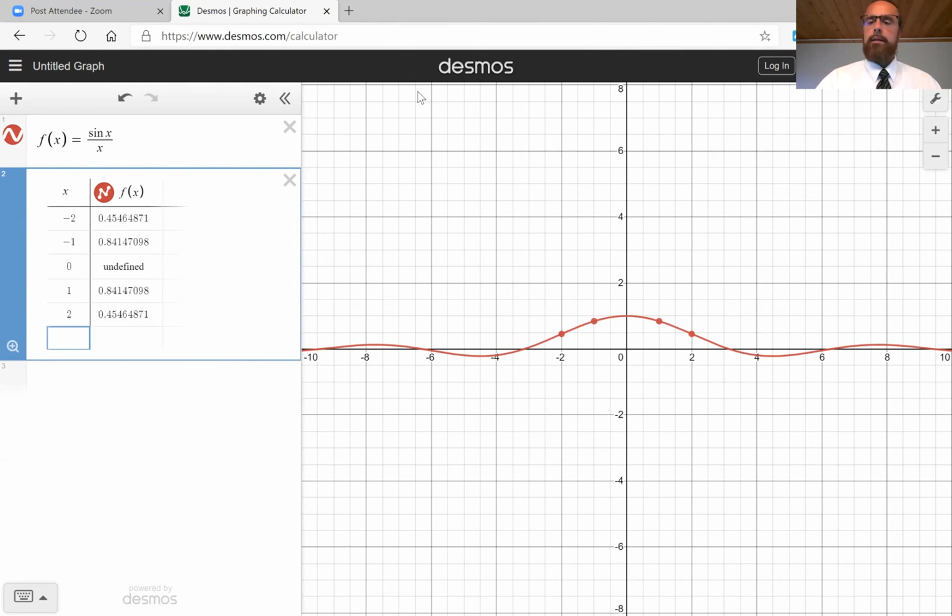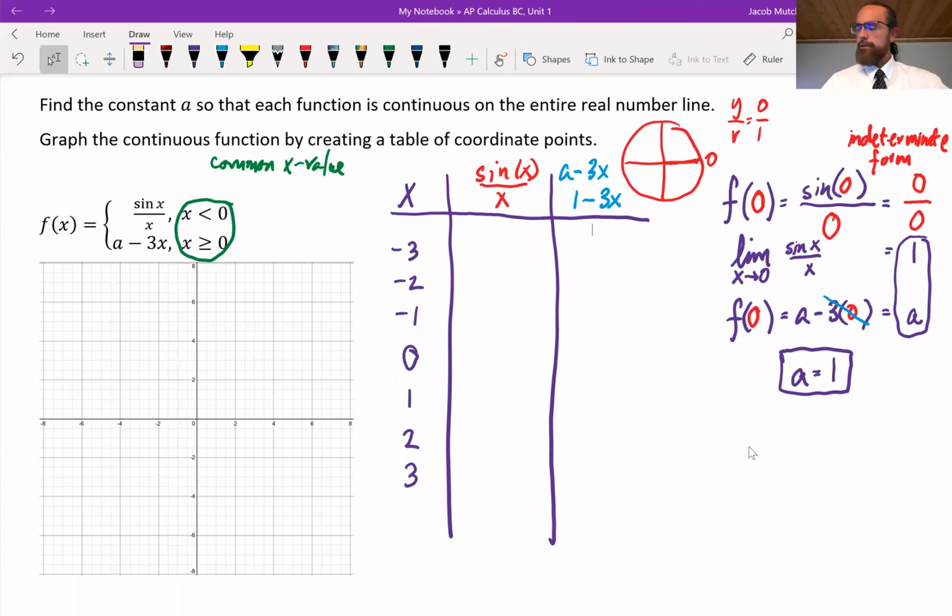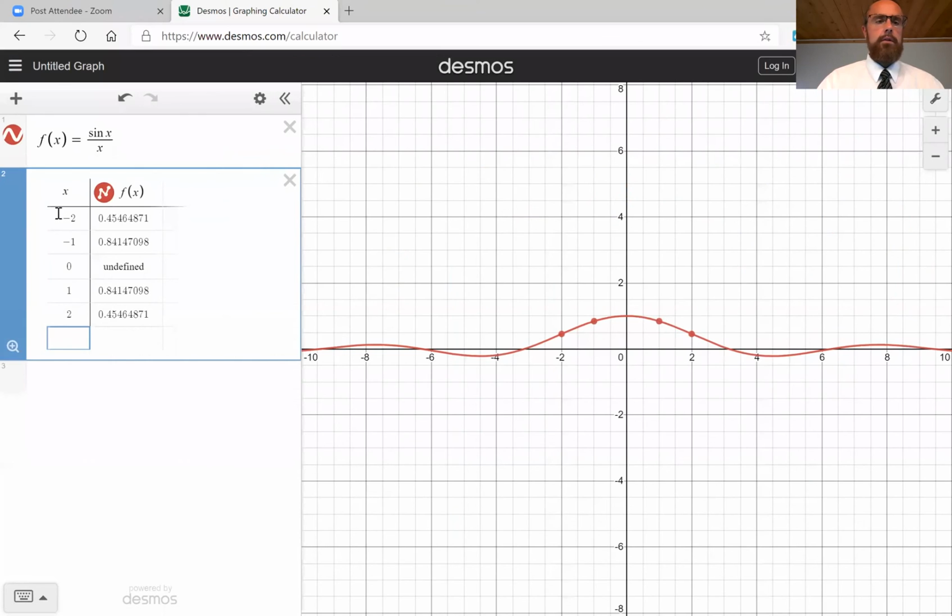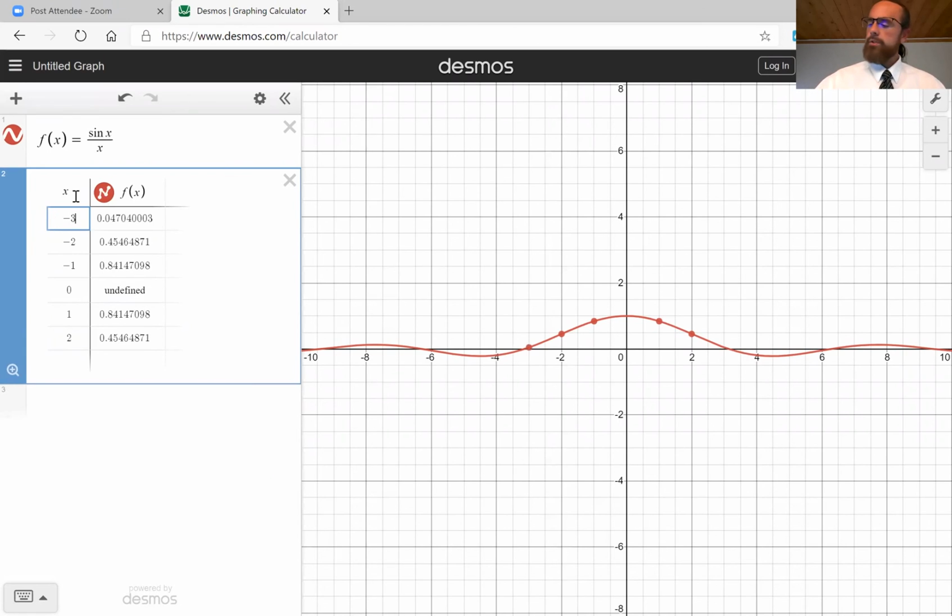So I'm going to head back to the graph and just fill in these values. I did not catch one for -3. Let me grab that very quickly. So I'm just going to hit enter here, -3. So almost right at the x-axis. So 0.0, about 5, basically 0.